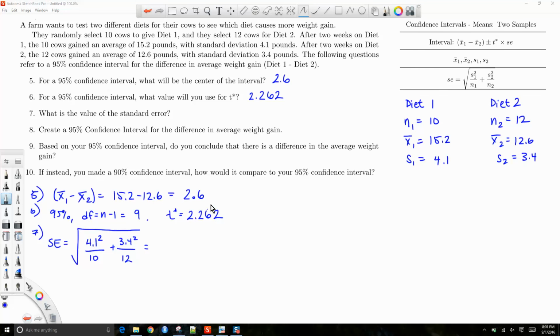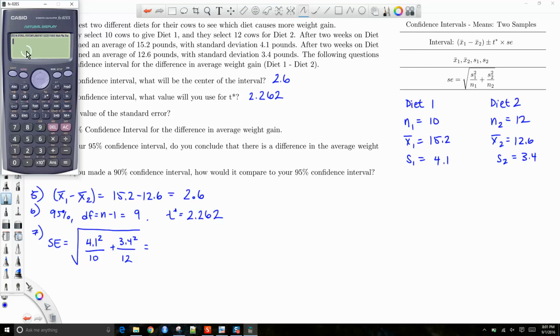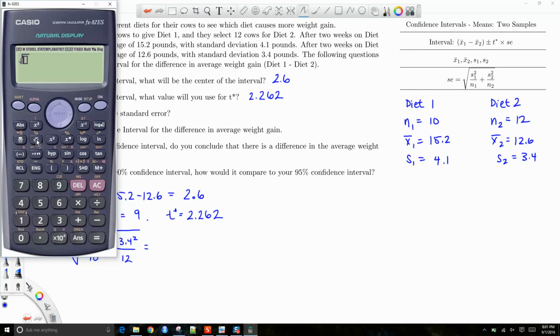Okay, we'll punch this into our calculator. 4.1 squared over 10, and then 3.4 squared over 12. 1.626.